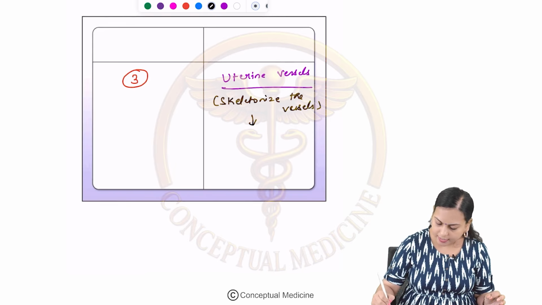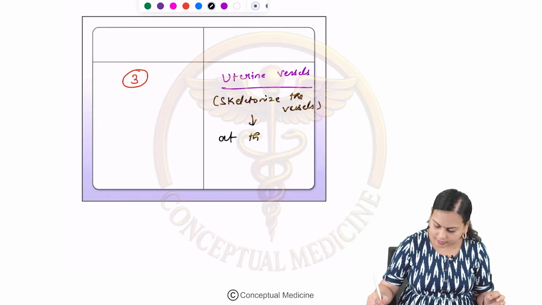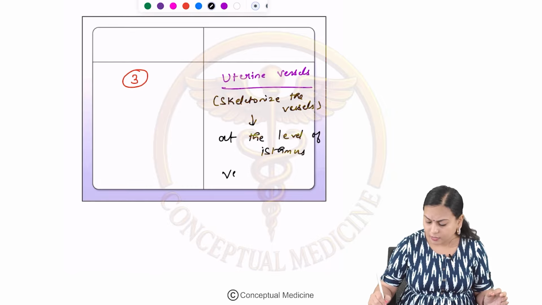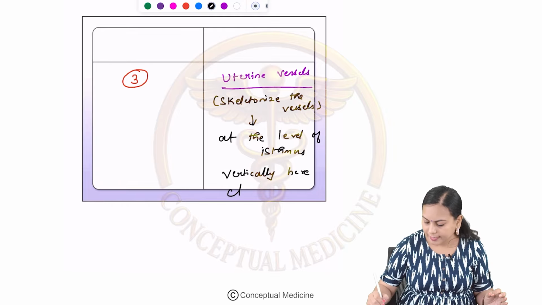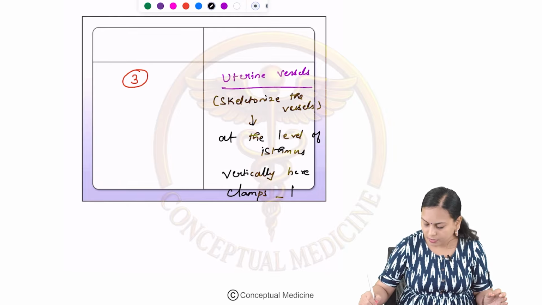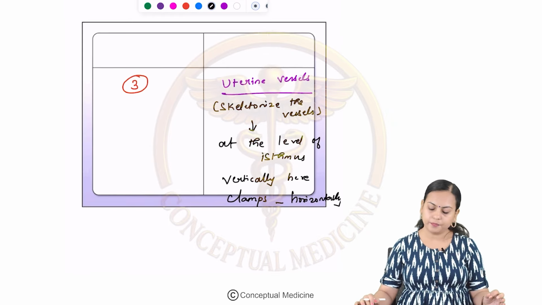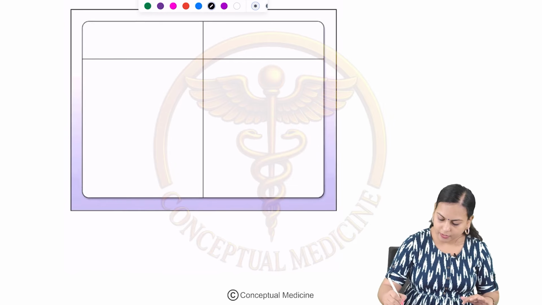It is usually done at the level of isthmus, and vessels are cut vertically here. So the clamps will be put horizontally.